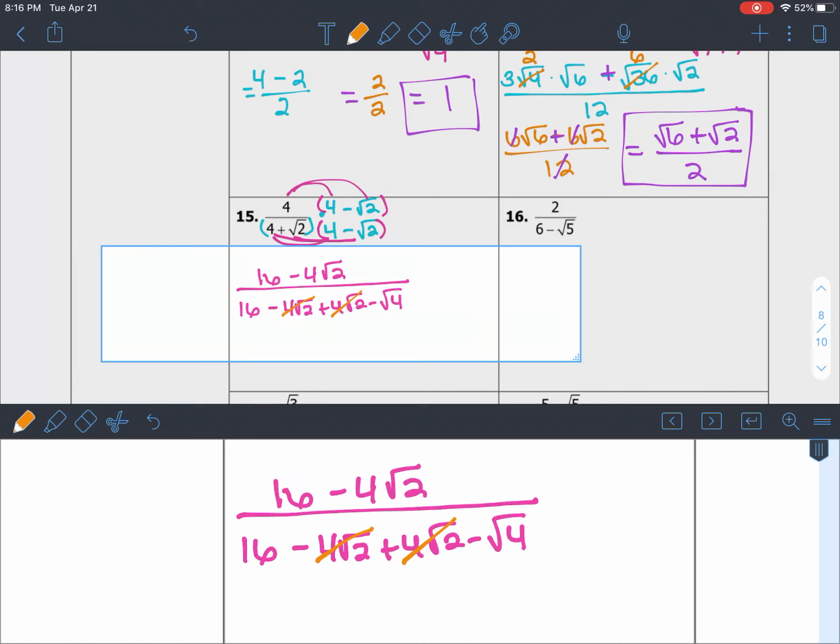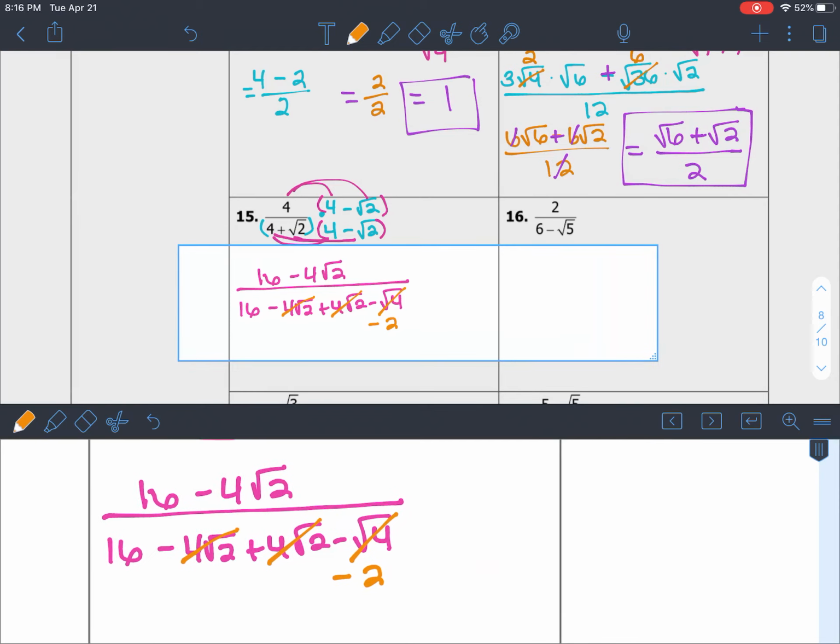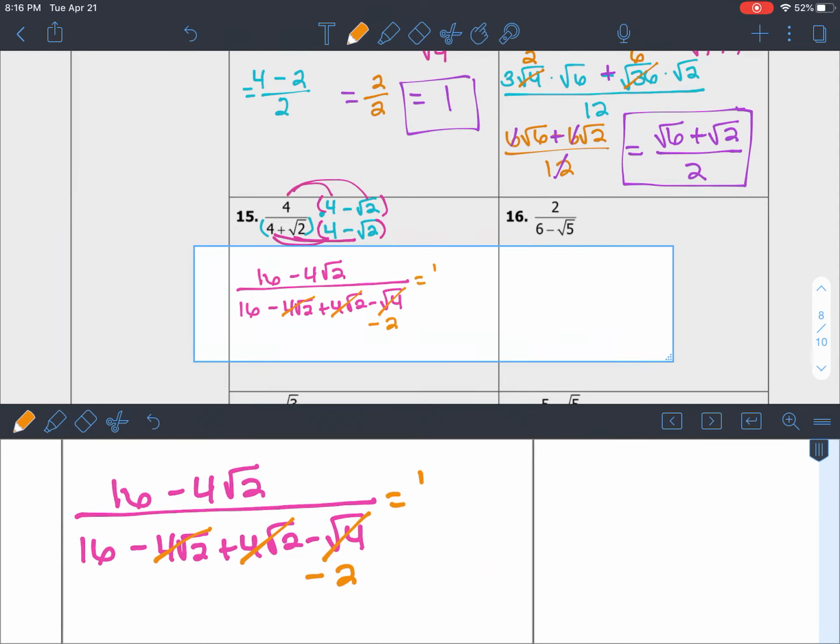These two are going to cancel each other out because I have negative and then plus the same thing. So that's kind of like negative 1 plus 1 gives me 0. And then negative square root of 4 is just going to become negative 2. So what I really have here is 16 minus 4 the square root of 2 over 16 minus 2.